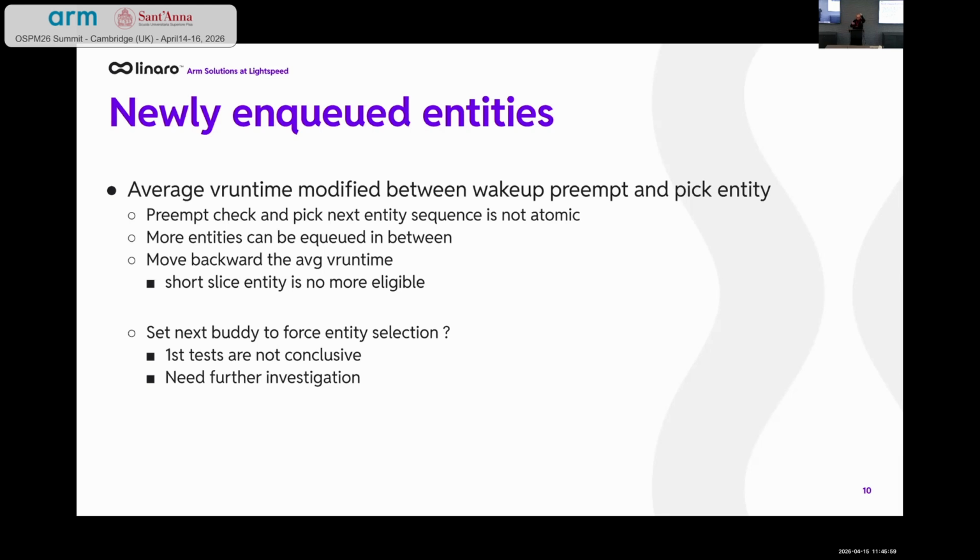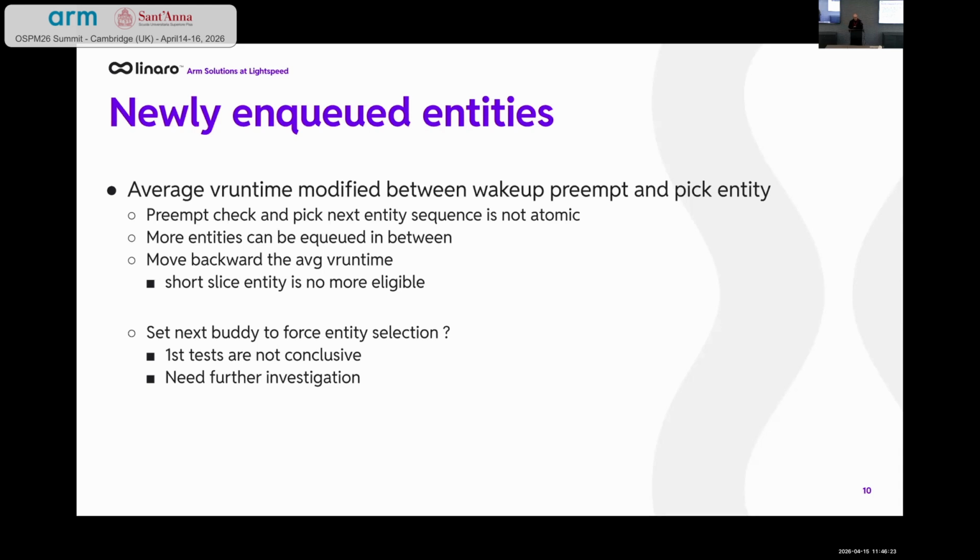In the meantime, some other tasks can have been enqueued with some positive lag, which means the average runtime will go backward. By the time you pick the next task, your task is no more eligible.